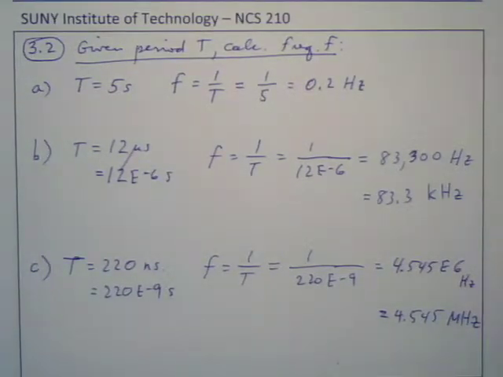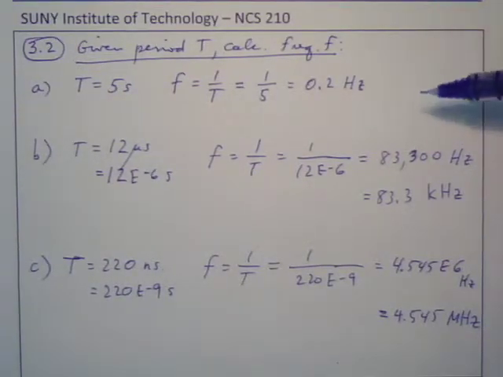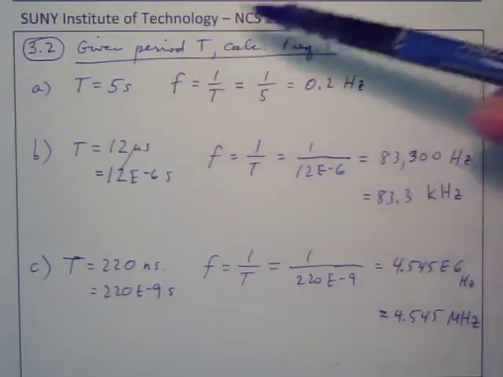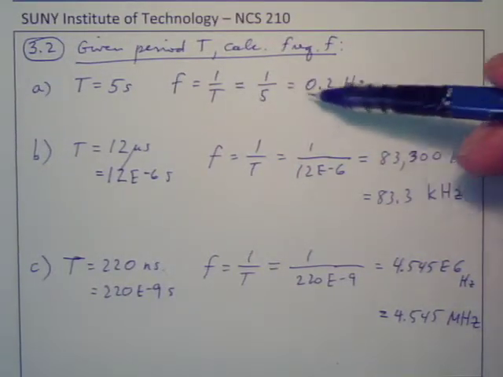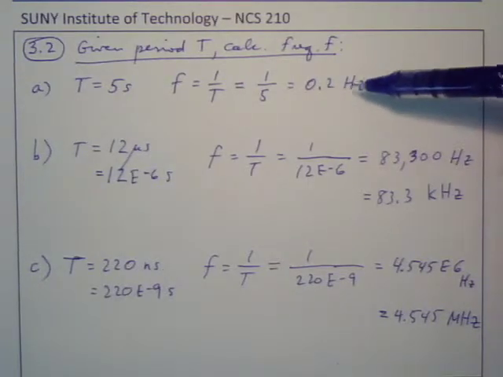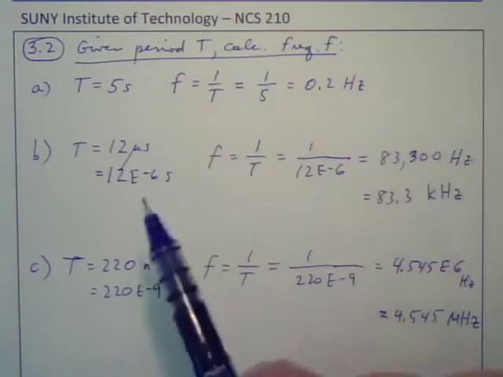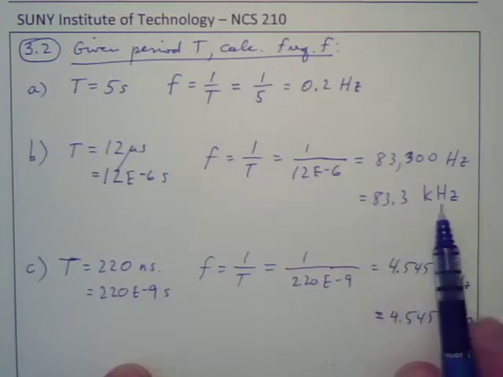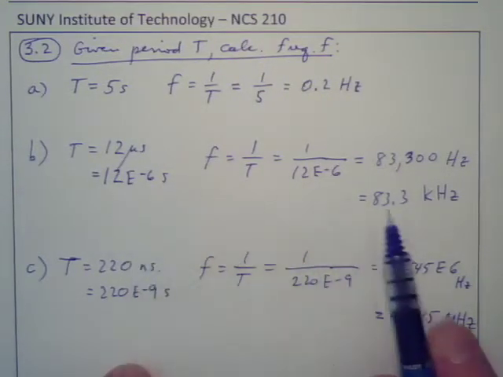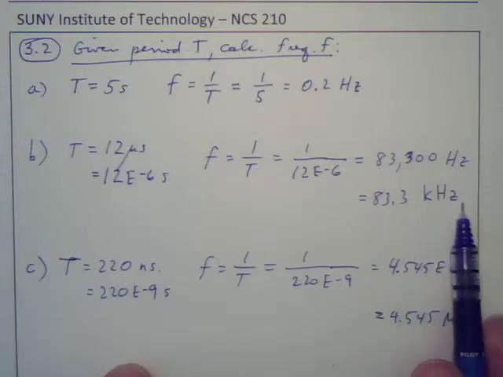On all of these, I'm going to double check. If the period is 5 seconds, then it is 0.2 per second, 1/5 of a period per second. That one makes sense. Here we have quite a short period, and I get a pretty high frequency.